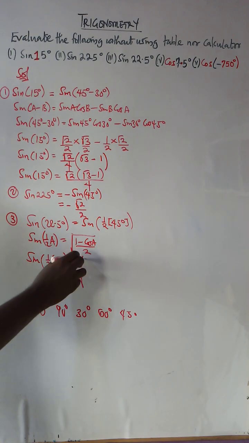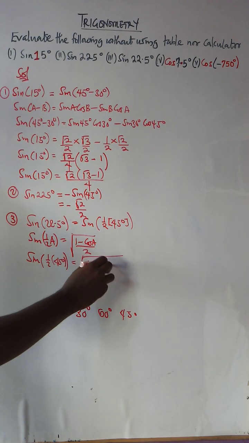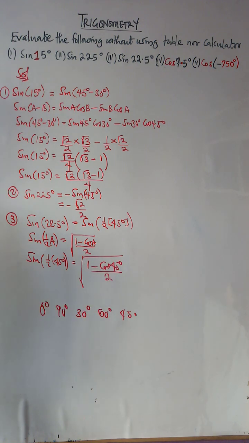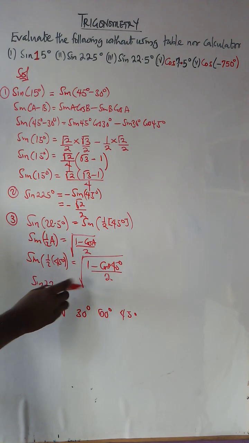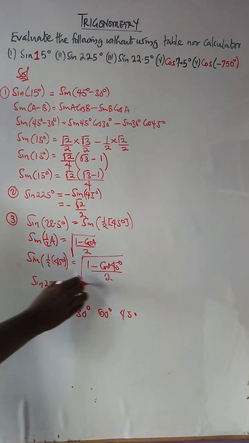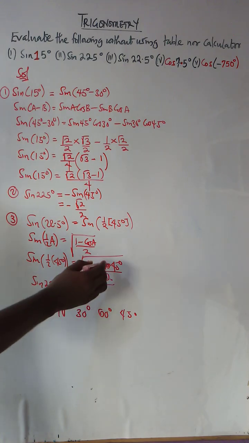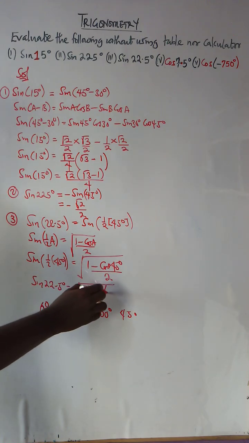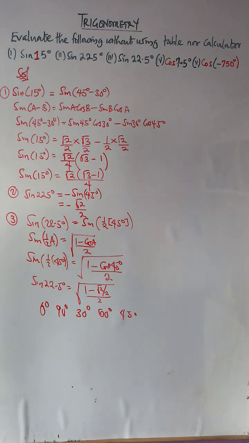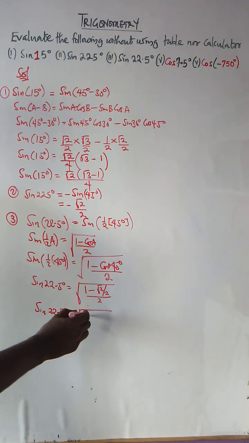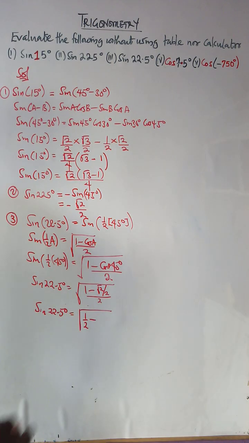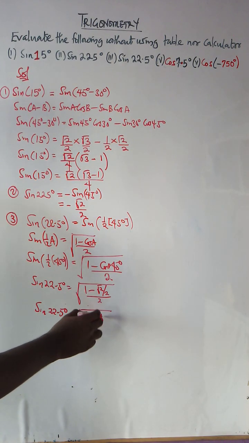Sine of half of 45 equals the square root of 1 minus cos 45, divided by 2. So half of 45 is 22.5, which equals the root of 1 minus cos 45, which is root 2 over 2, everything over 2. If we share this 1 over 2, minus that will be root 2 over 4.